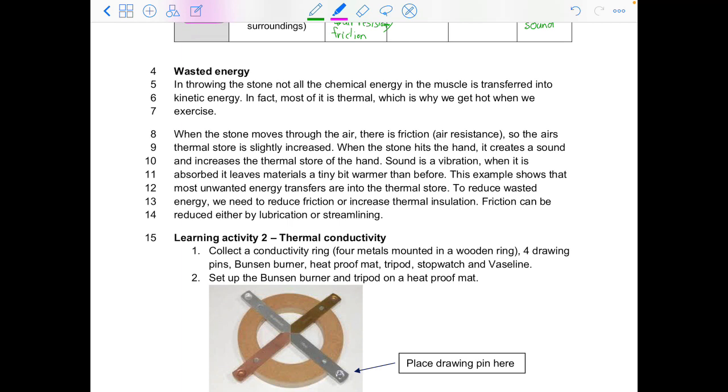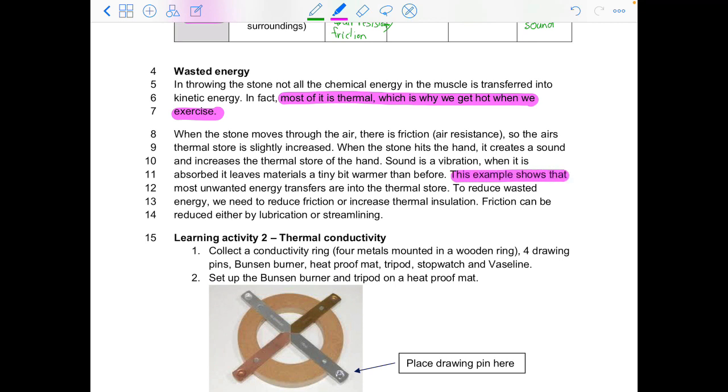That is because most wasted energy is thermal. As I said before, when the stone moves through the air, there's friction, so the air's thermal energy store is also slightly increased. When the stone hits your hand, it creates a sound, and that increases the thermal energy store of the surroundings as well.